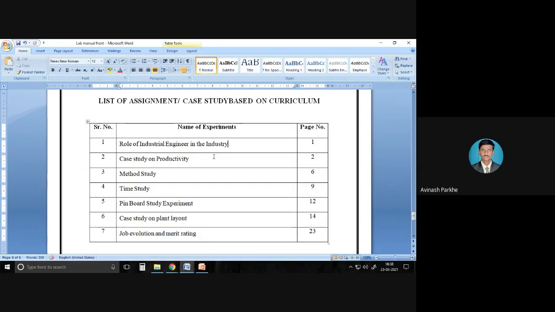The inputs are available in different types of parameters: labor input, capital input, raw material input, and energy input.